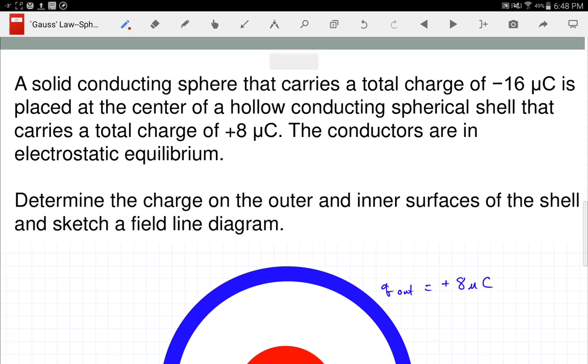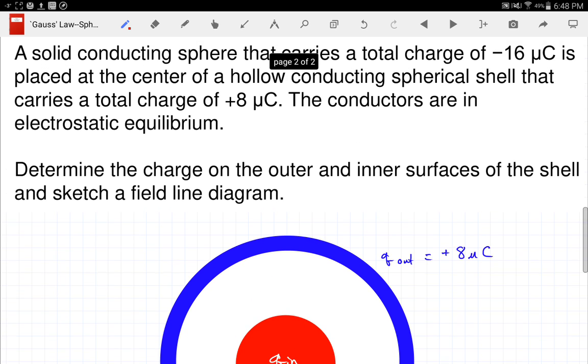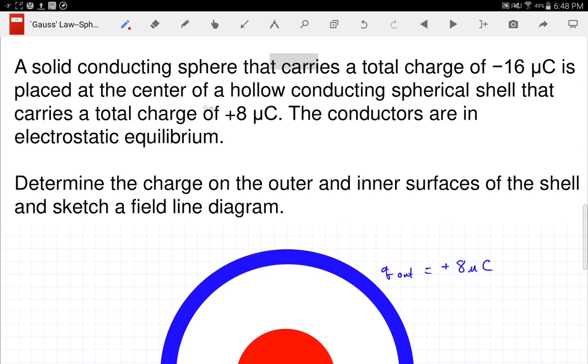So here's a problem. A solid conducting sphere that carries a total charge of minus 16 microcoulombs. My red circle here is a flat cutoff view of the center sphere. It is placed at the center of a hollow conducting spherical shell that carries a total charge of 8 microcoulombs. Notice it's a positive charge in the exterior one, a negative charge in the interior one.